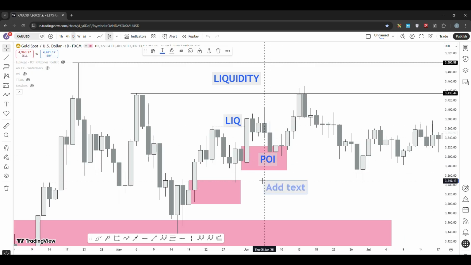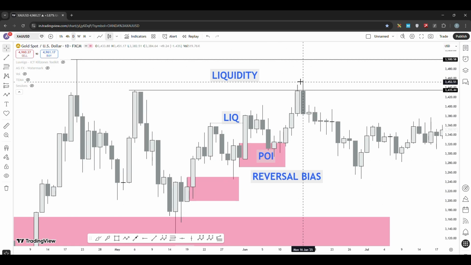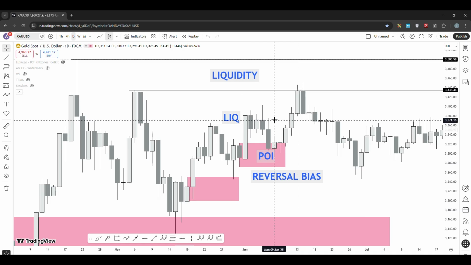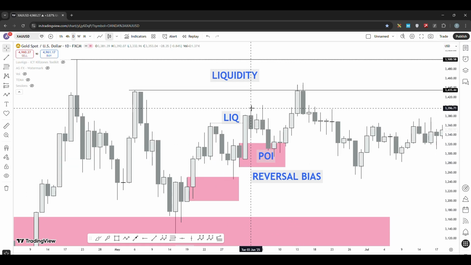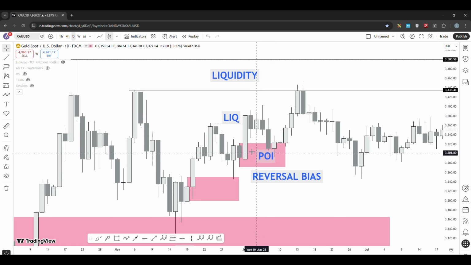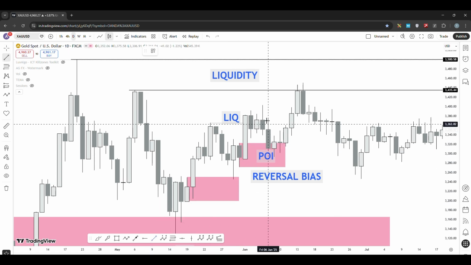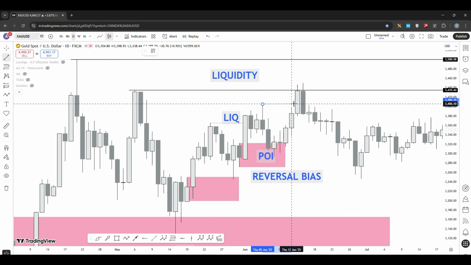This movement from a liquidity to a POI is called a reversal bias, and this is against the trend of the market. Okay, and we generally do not trade this reversal bias market condition, because this is against the trend. This is just looked at as a correction, and once market taps into our POI, once again we look for an entry from our POI to target the daily liquidity.